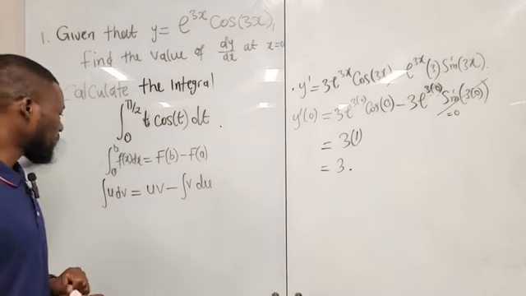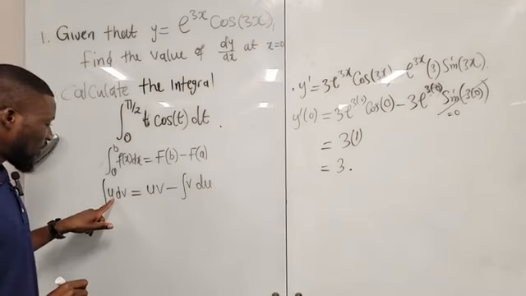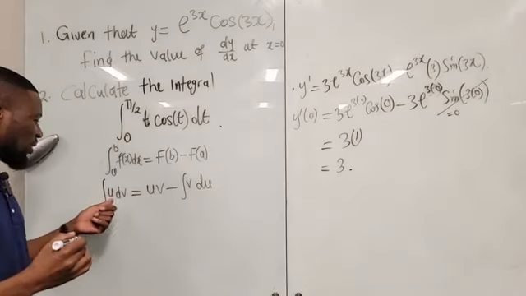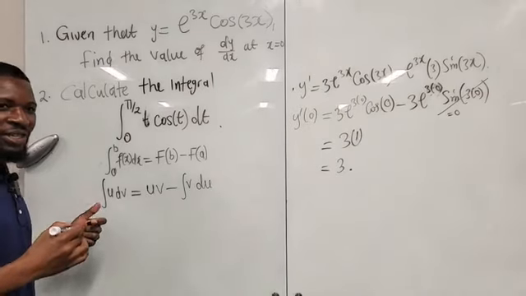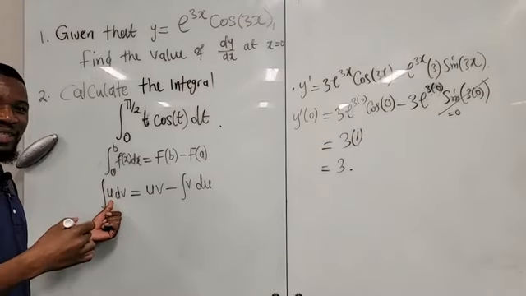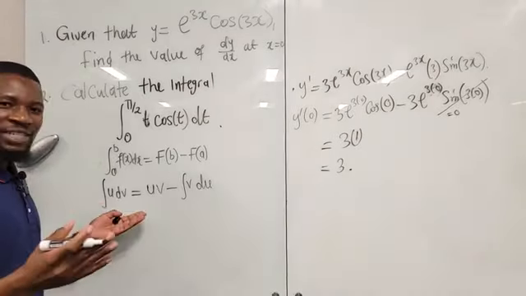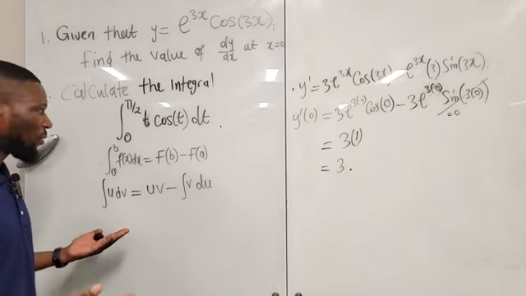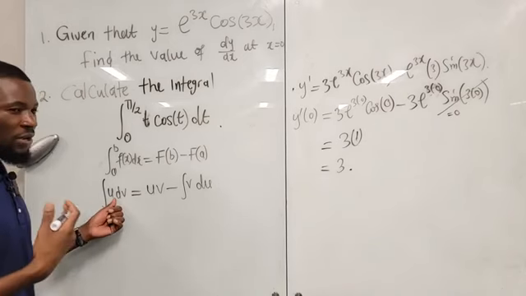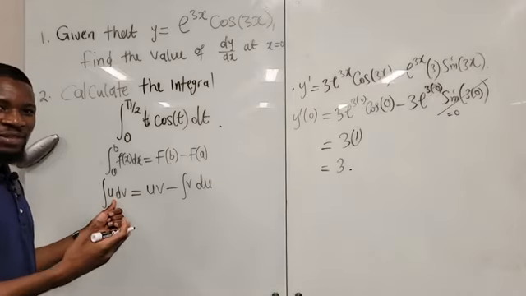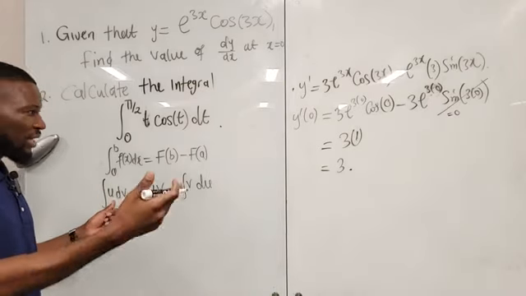Now, the choice of u: you want to choose a u in such a way that if you differentiate it repeatedly, it vanishes to 0. You don't want to choose a u that, when you take its derivative, just has you running around in circles.